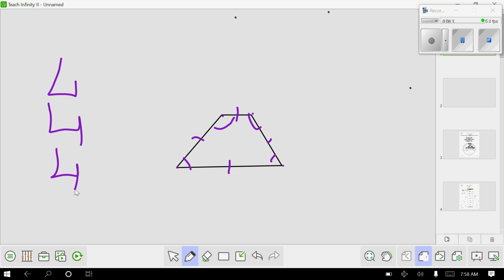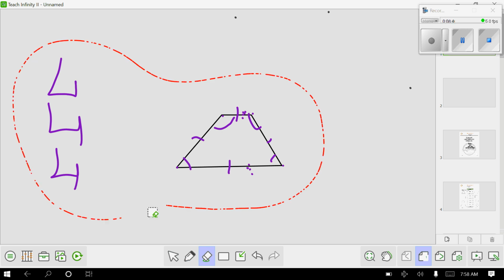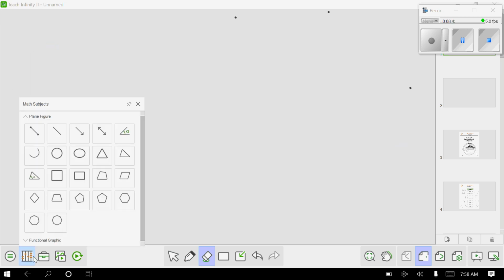The main thing here is that in the trapezoid, I have only one pair of parallel sides. Later in grade 3, we'll talk about this. So for the trapezoid, you have to know that I have four sides, four vertices, and four angles. Let's go to the next one.